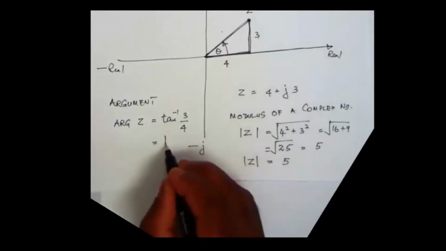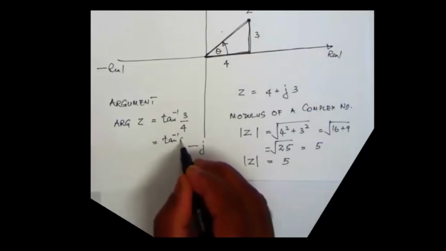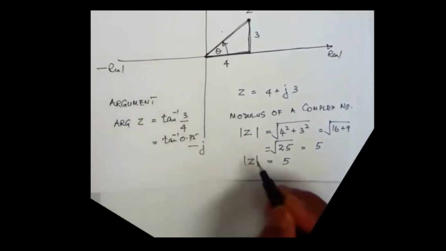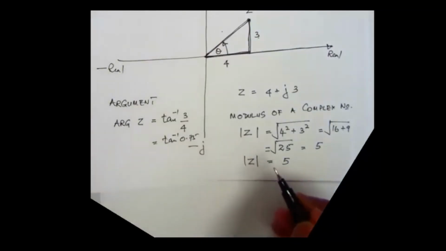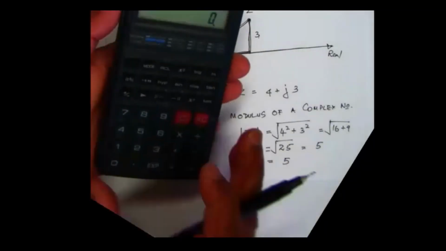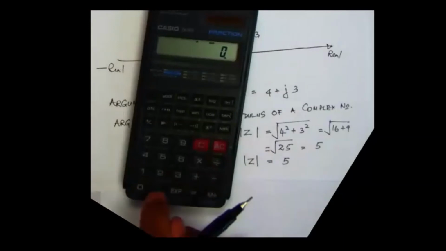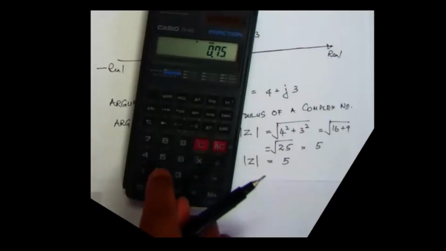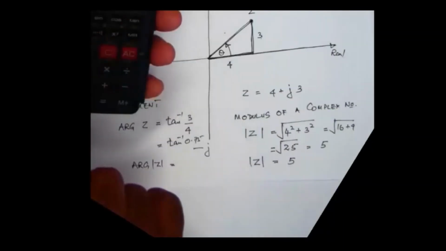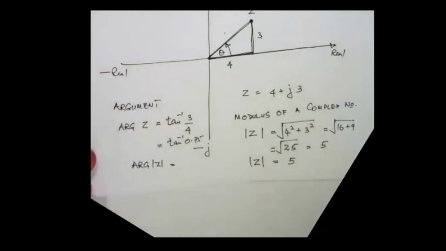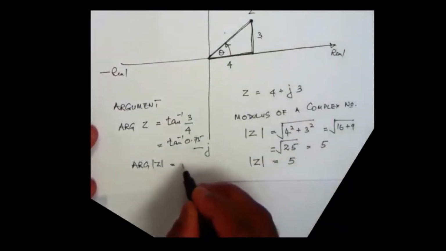So it is tan inverse 0.75. From the calculator we can find out that tan inverse 0.75 is 36.86 degrees.